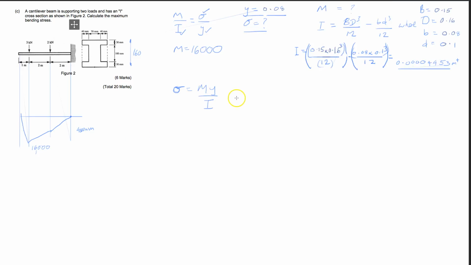Okay, so let's stick some numbers in. We're going to have 16,000 times 0.08 over I, which is this crazy value here. You know what, I'm going to copy that.